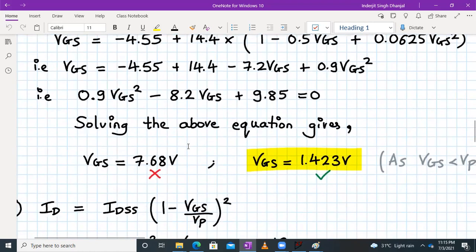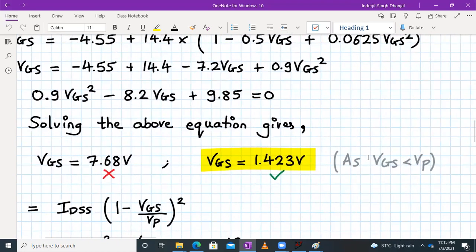Solving this gives VGS values of 7.68 and 1.423. Now we have to select the VGS value which is lesser than VP, and VP value is 4 volt. So 1.423 is less than 4 volt. That is why we select this value.